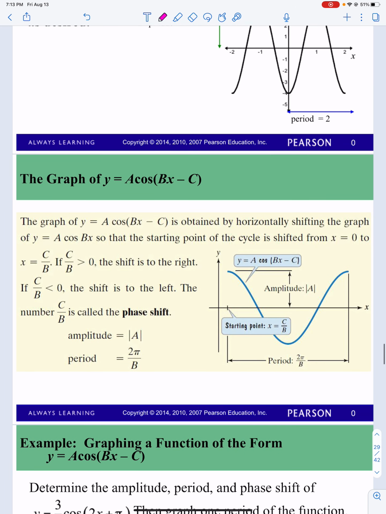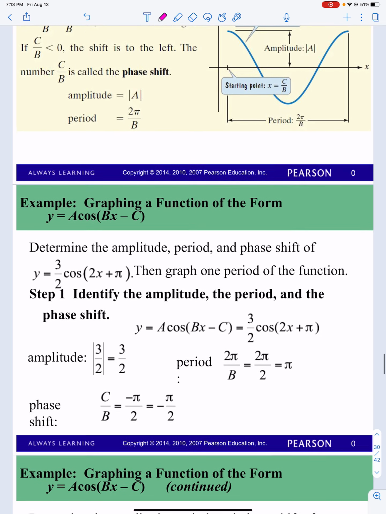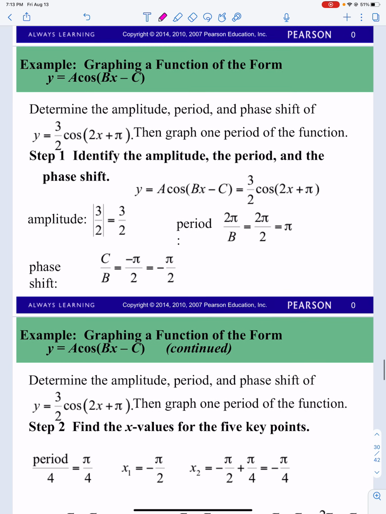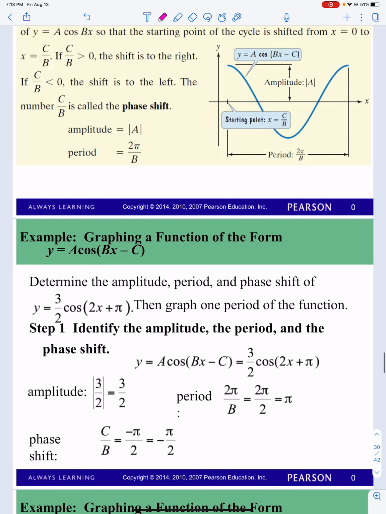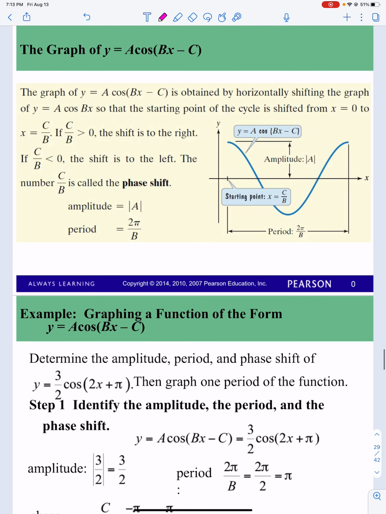Okay, and similarly, you will do the phase shift too. For the phase shift, I think I will leave it for you, but you also need to be careful. It's the same thing as bx minus what? c over b. You with me?